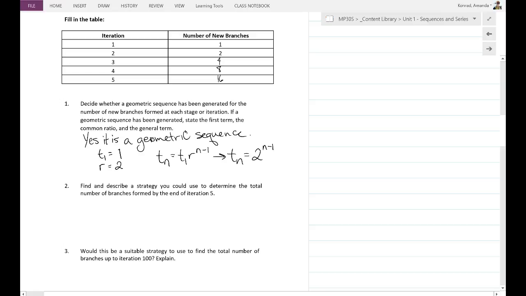Find and describe a strategy you could use to determine the total number of branches formed by the end of 5 iterations. You could do this any number of ways. There are so many different options you could choose. The easiest or most straightforward choice would be to actually determine the first 5 iterations like we have.